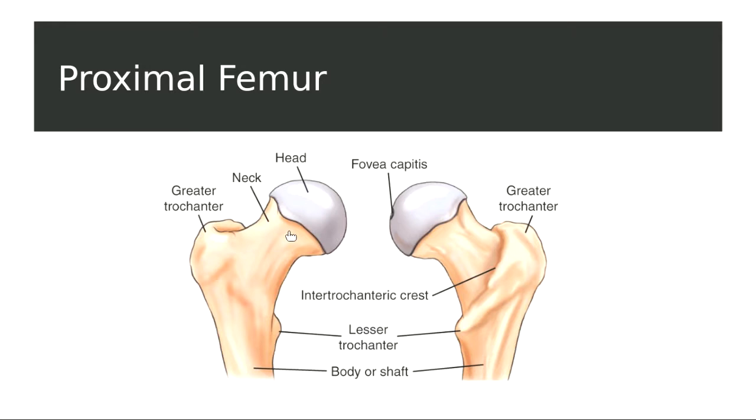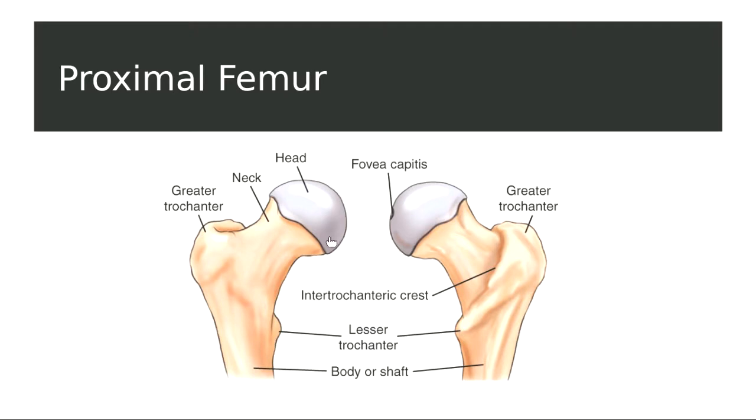As far as anatomy, we have the head of the femur, the femoral neck, the greater trochanter, and the lesser trochanter. The head of the femur is a smooth, round, articular surface that articulates with the acetabulum.